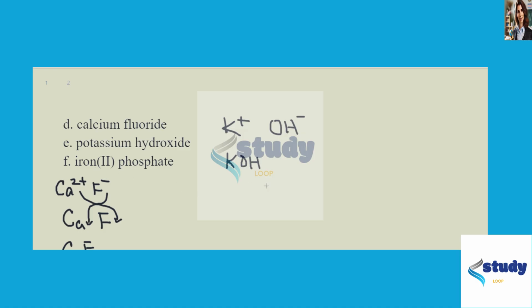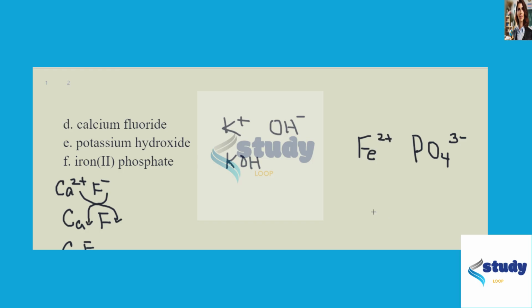Iron phosphate. Now phosphate is also a polyatomic anion, and phosphate is PO4, and this is a -3 charge. And we have here iron. Now looking at the name, we have iron 2, it has a Roman numeral 2, so this is 2+.